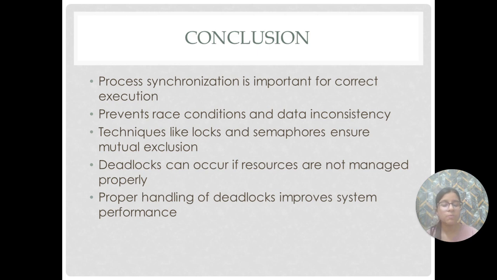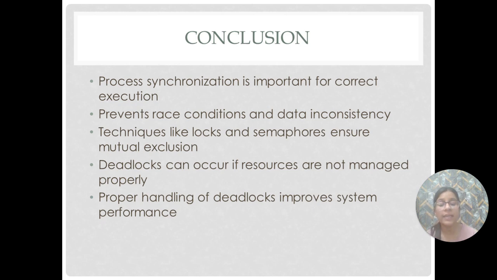It helps processes work correctly and avoids errors like race condition, meaning the output will not depend on which process runs first. Locks and semaphores help us control access to shared resources, meaning which resources will be used by which process.